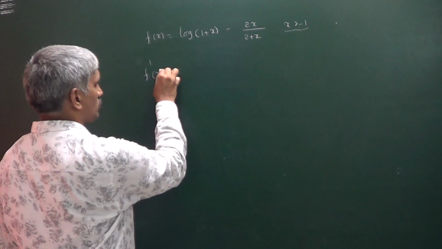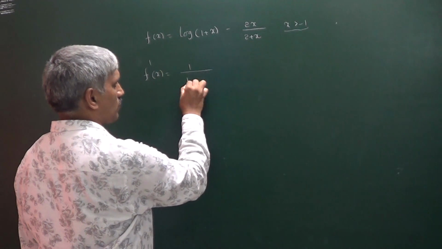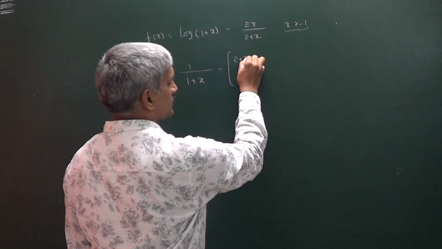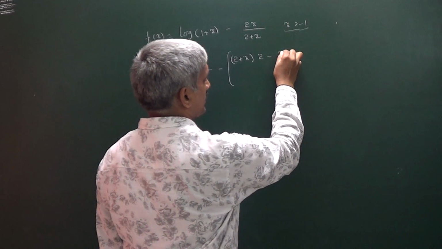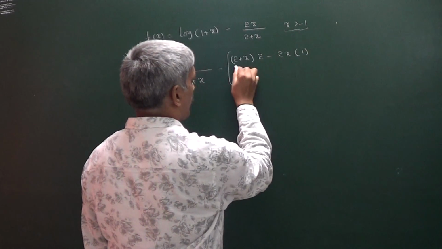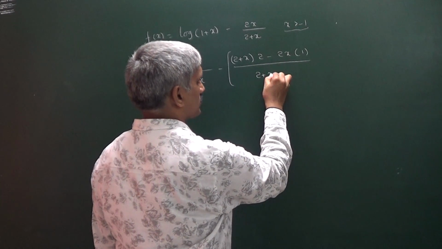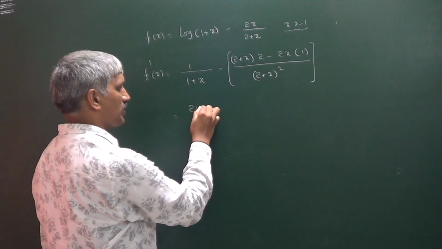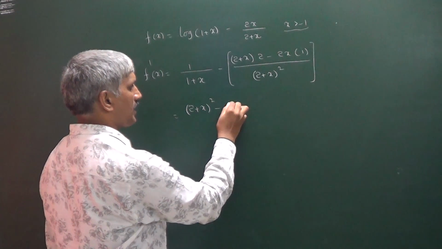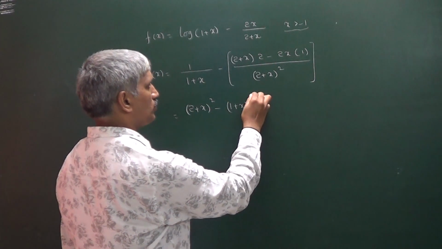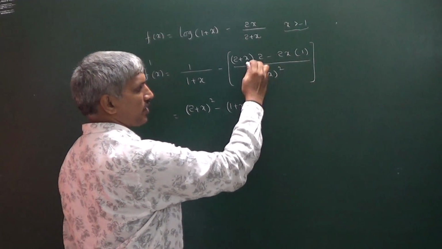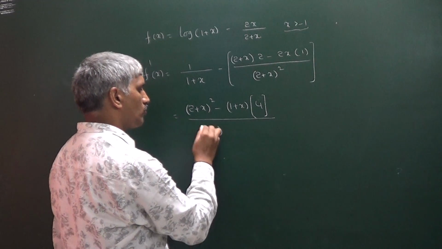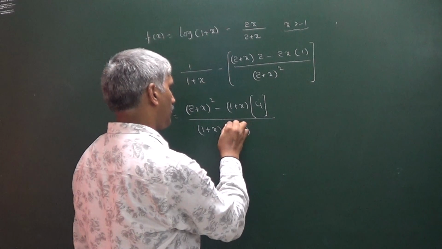f'(x) = the derivative of log(1 + x), which is 1/(1 + x), minus the derivative of 2x/(2 + x). Here we have to apply the u by v rule: (2 + x) times the derivative of 2x, which is 2, minus 2x times the derivative of (2 + x), which is 1, divided by (2 + x)^2.